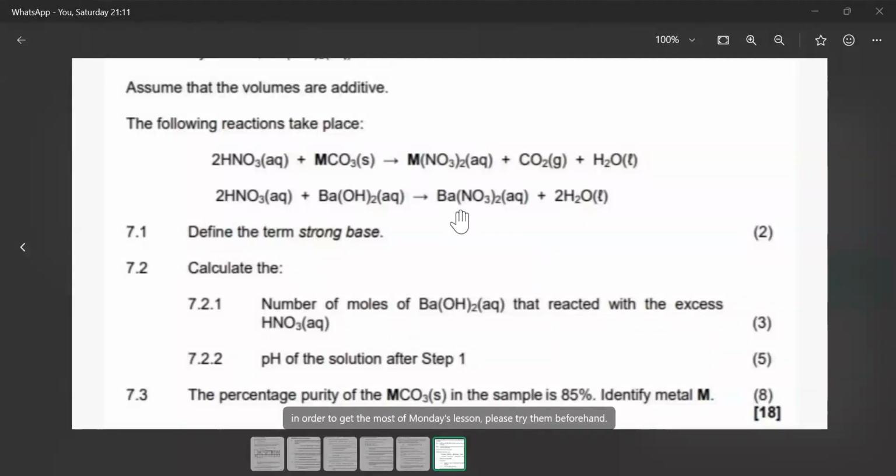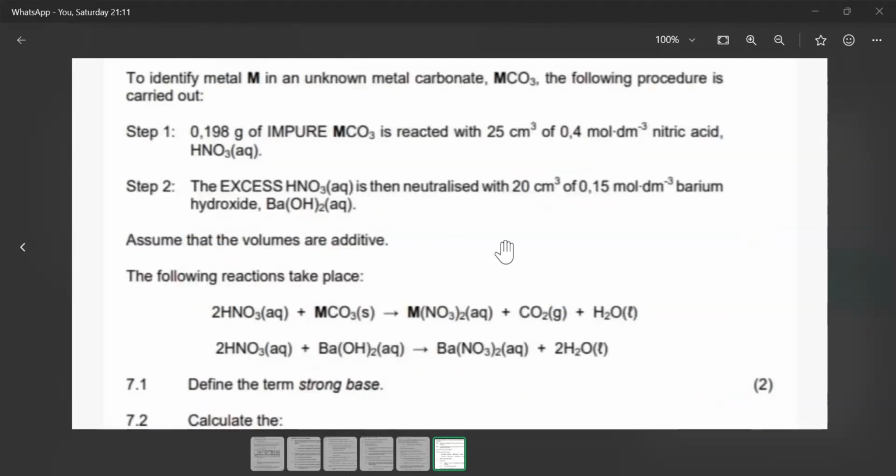So, under normal circumstances in grade 10 as well as 11, they used to ask you to calculate the percentage purity. But now they give you the percentage purity and they ask you to move backwards. Okay. So then how can we find this molar mass?